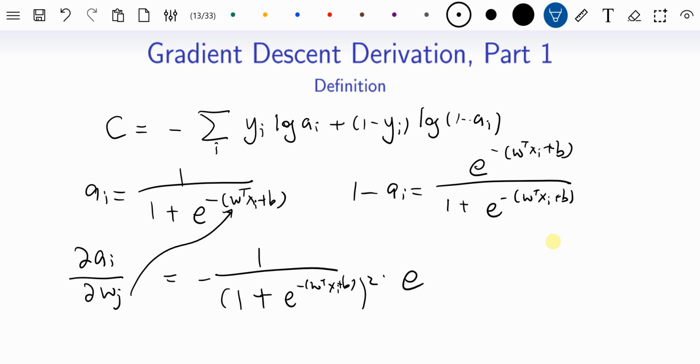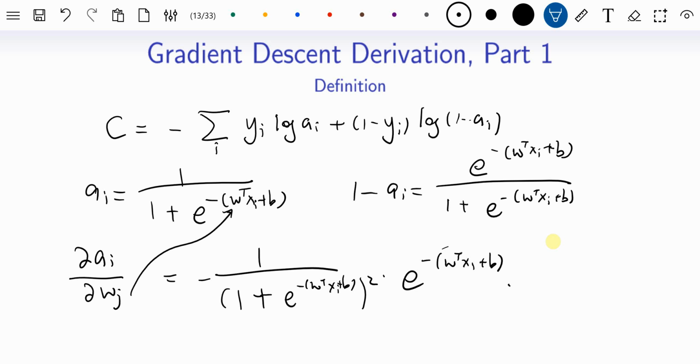So we only have the derivative of this e to the power something, which is still e to the power the same thing. And then again multiply by the function inside, which is this small function, this linear function here.